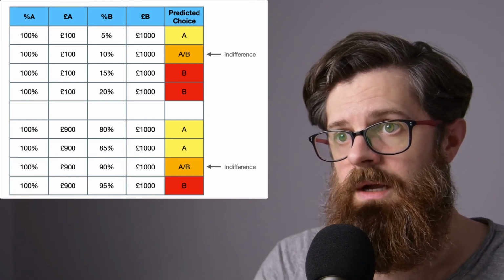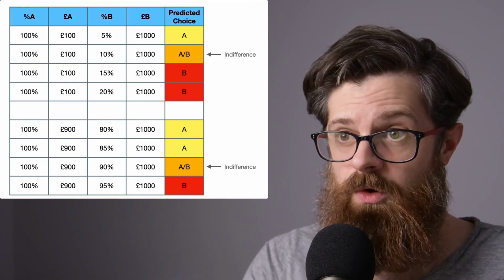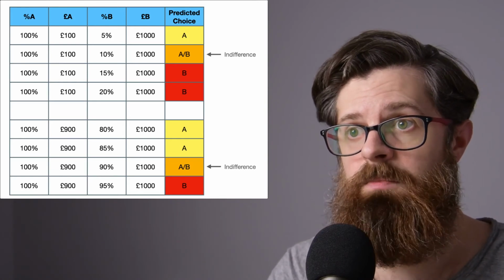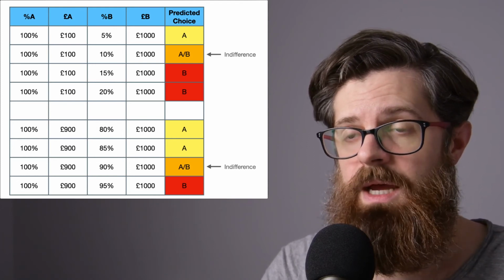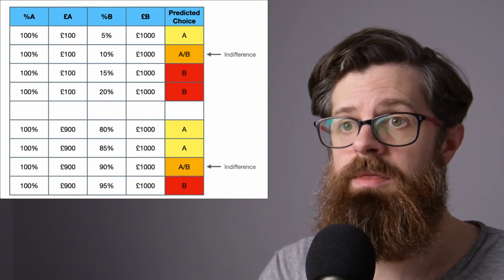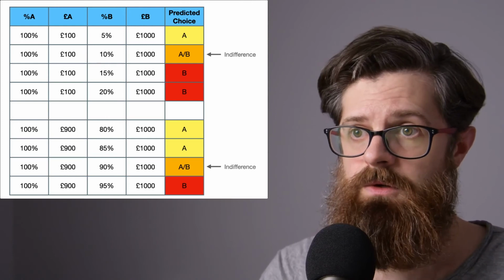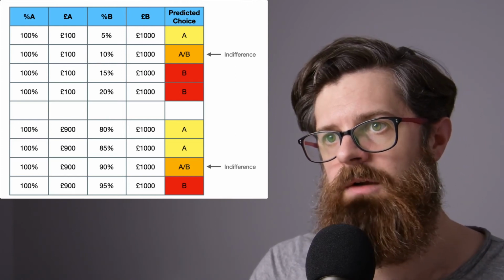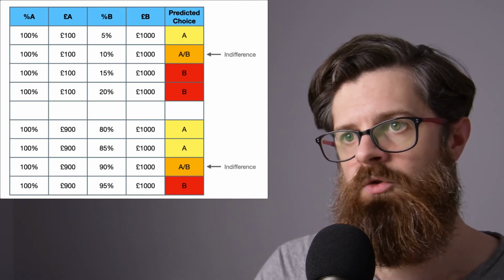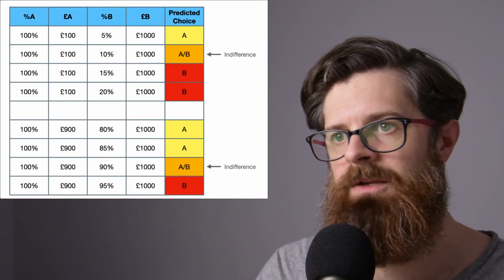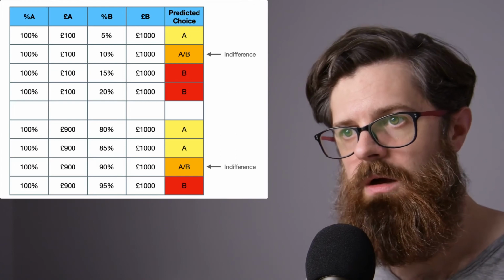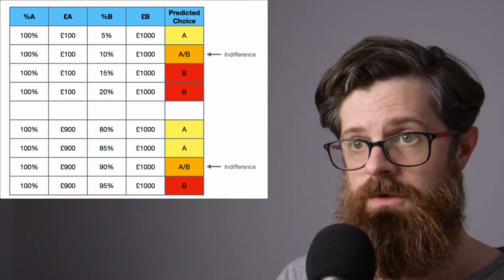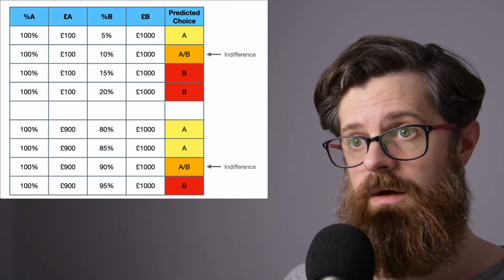And so if you're comparing the expected value of each of these options, they would both be £100. And so you would in theory be indifferent between these two choices. But when the probability of winning the £1,000 increases, the expected value goes up above £100, and so the prediction would be that you would choose the risky choice.